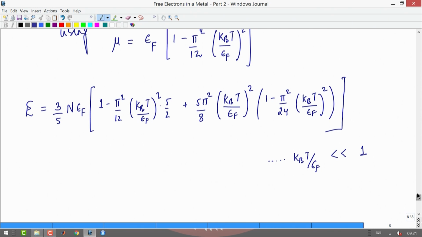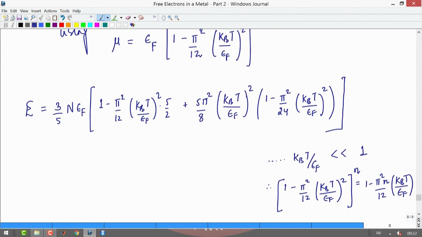So, I am going to write down just one of them, that 1 minus pi square by 12 into kT over EF the whole square raised to the power n is simply 1 minus pi square into n over 12 into kT by EF to the power 2. That is the approximation I have used.